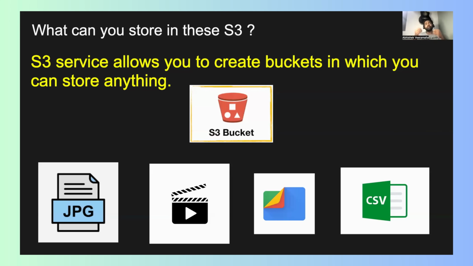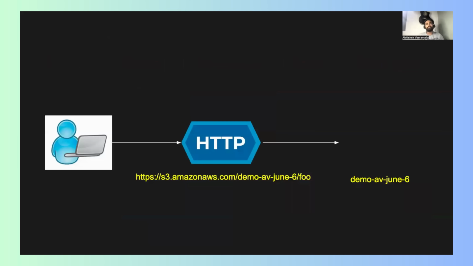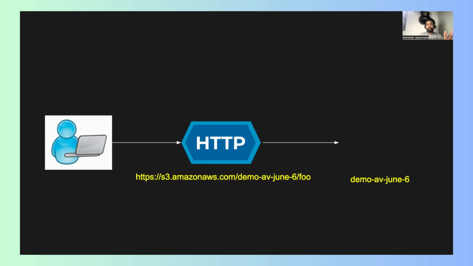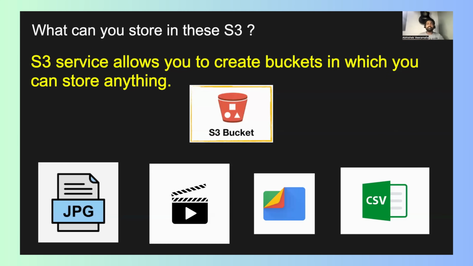These kinds of things you usually put in S3 buckets. Basically, when you put any content on S3, that is globally accessible. So I'll show you the demo as well. Don't worry. How to create this S3 bucket, how to upload objects into this S3 bucket, how to delete it, we will see in just 1 minute.